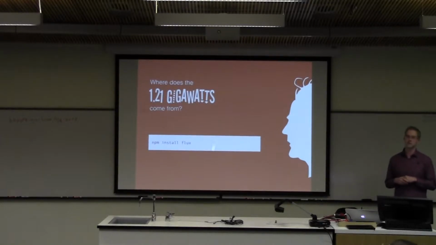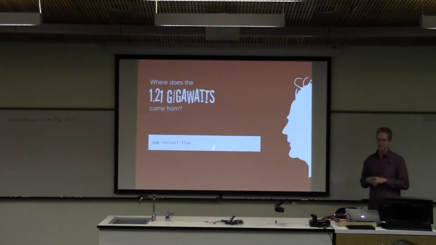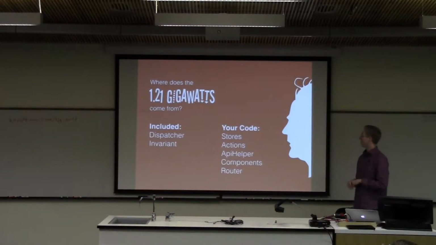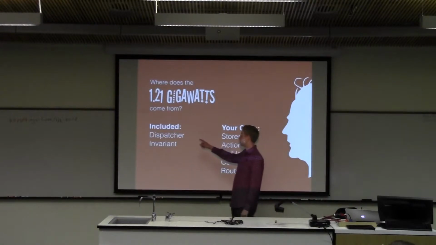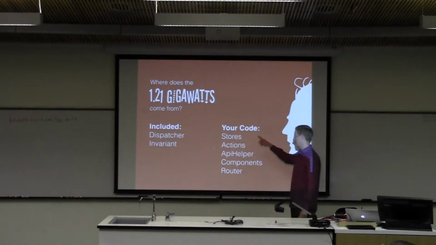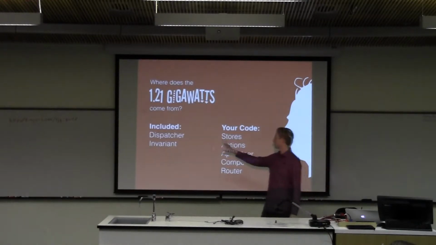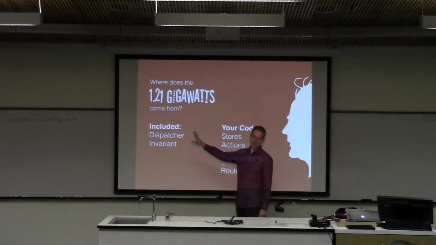When you go to npm and you install Flux, you're actually getting very, very little. The things that are included are these two, what's called a dispatcher and an invariant. And then your code is really here. If you look at what this is, it might be a couple hundred lines of code.